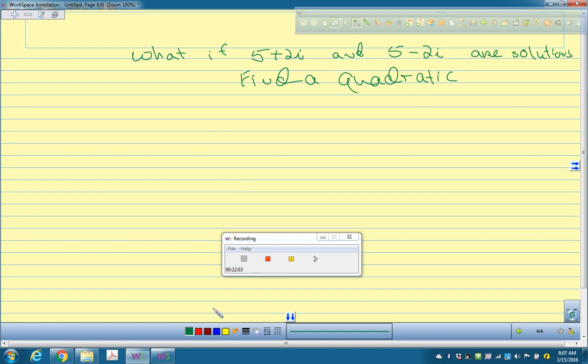So it's the same process, okay? You have x minus, you have to put this in parentheses, 5 plus 2i, like this, times x minus, in other parentheses, 5 minus 2i.